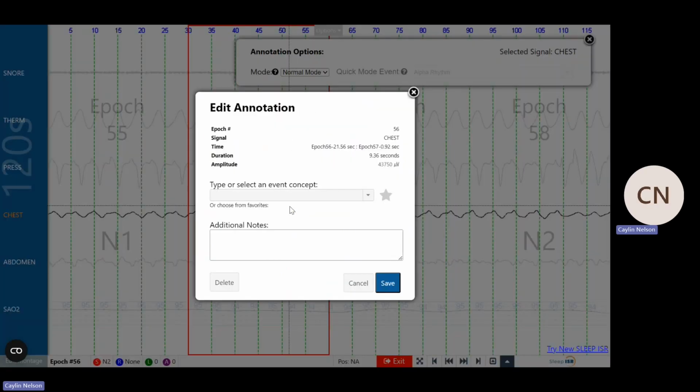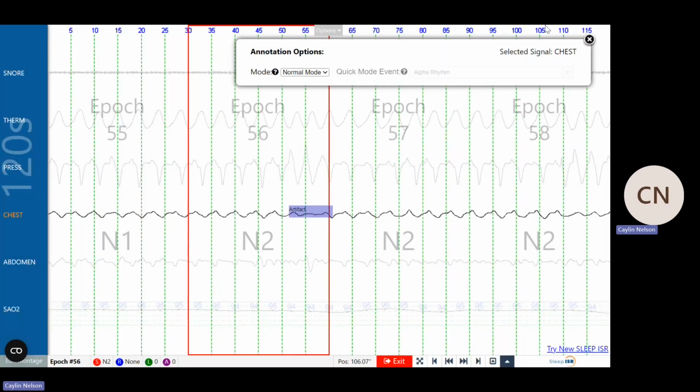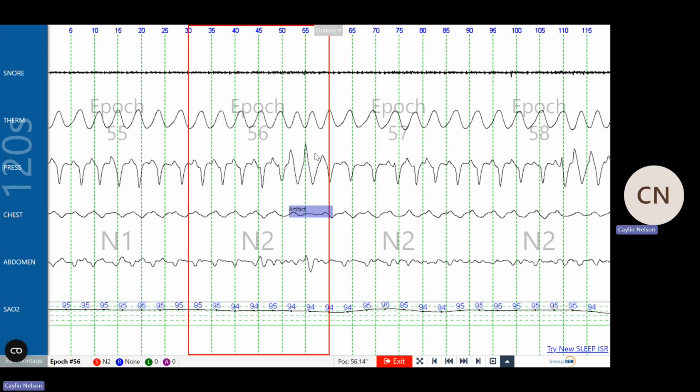So you can see that slight change in the effort. Typically when it comes to your belts, it's usually going to be artifact, especially if you look in your flow channels and they're pretty consistent. Compared to the chest channel where it's kind of flat looking, the flow channels aren't really in sync.